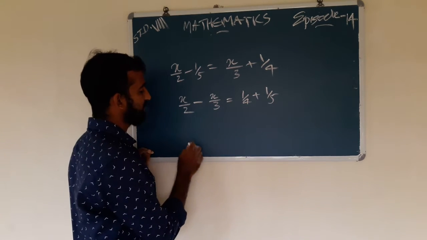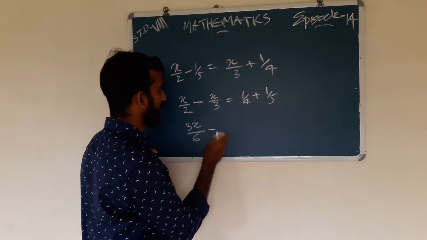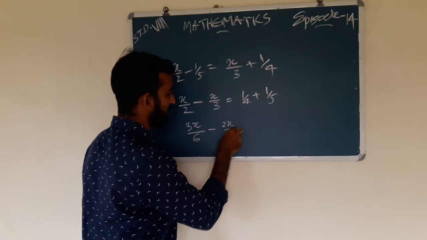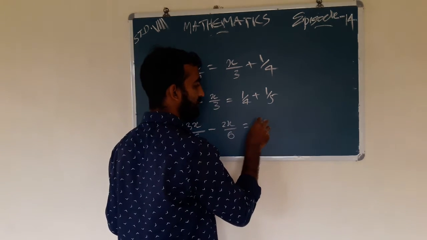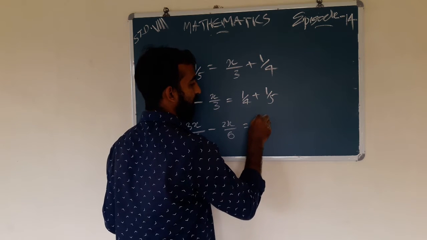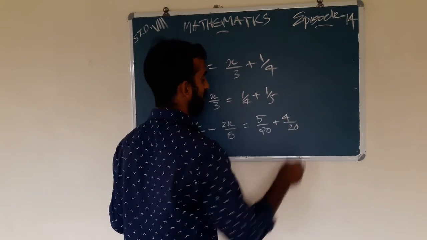When we take the LCM 6, that is 3x by 6 minus 2x by 6. Here also we get the LCM as 20, that is 5 by 20 plus 4 by 20.